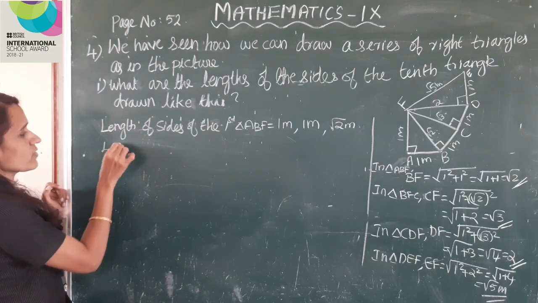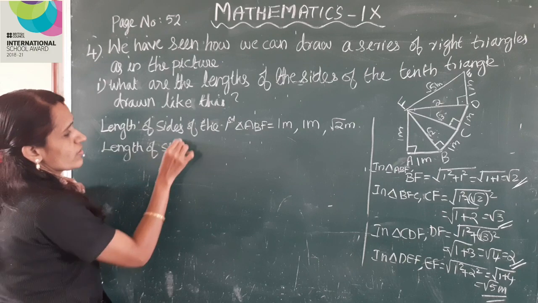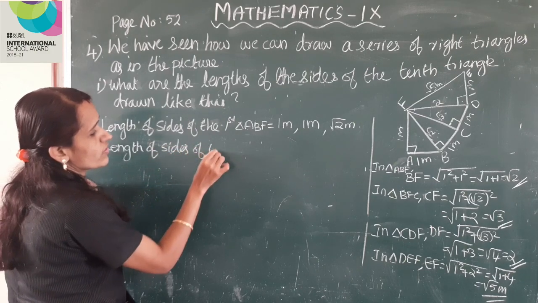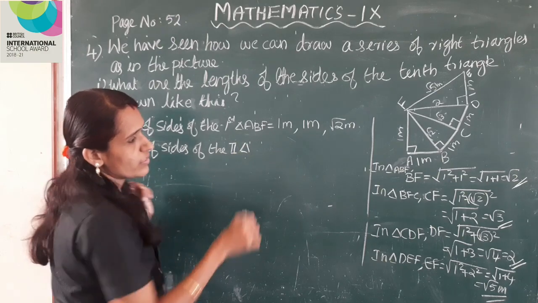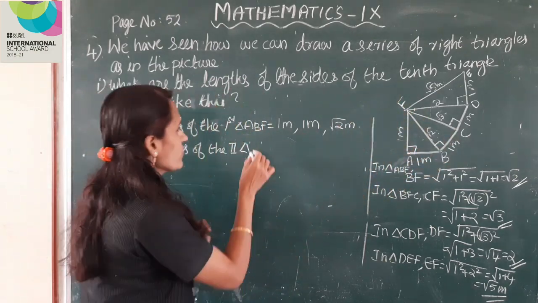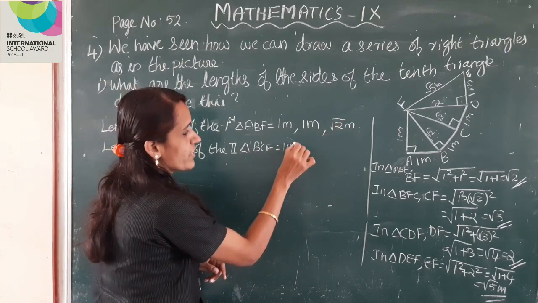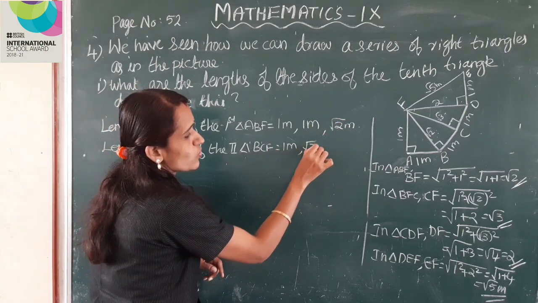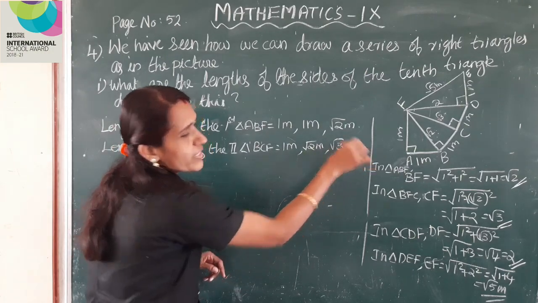Next, the lengths of the sides of the second triangle BCF: base is 1 meter, altitude is root 2 meter and hypotenuse is root 3 meter.